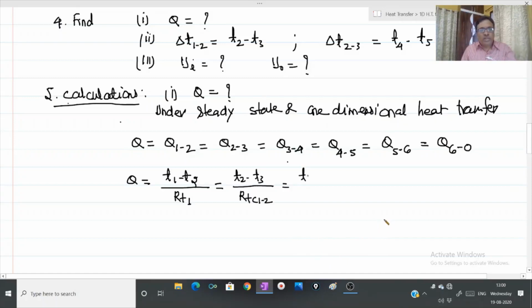Q34 will be (T3 minus T4), that is the temperature drop at insulation 1, over R2. Q45 will be equal to the temperature drop at the interface 2-3 over the thermal contact resistance at interface 2-3.